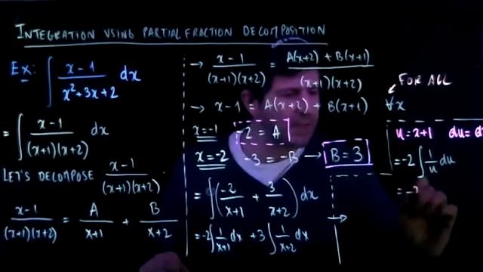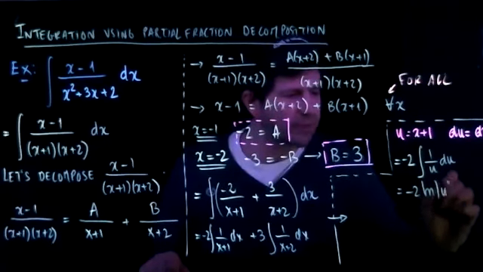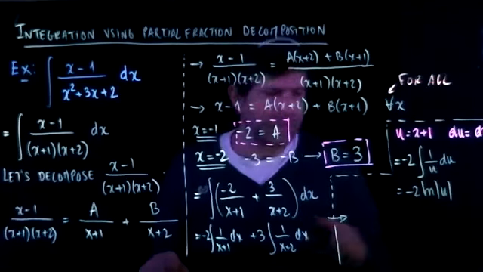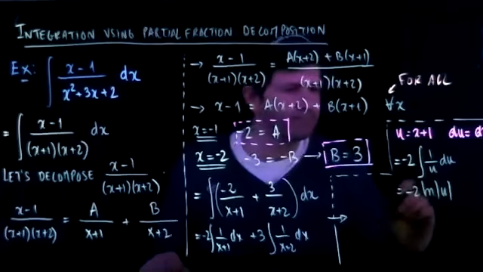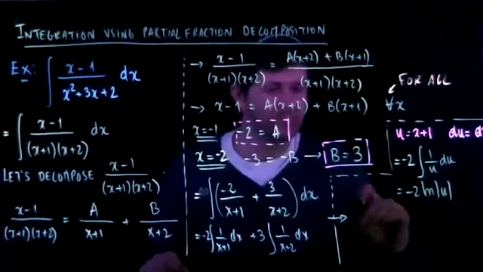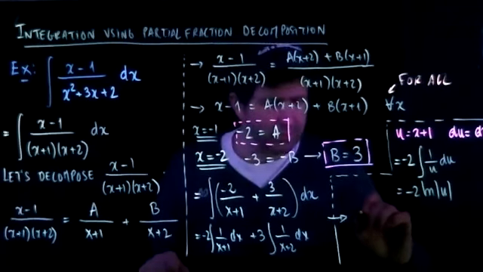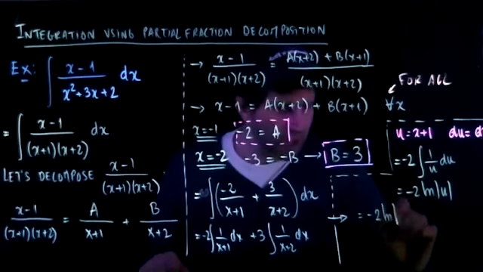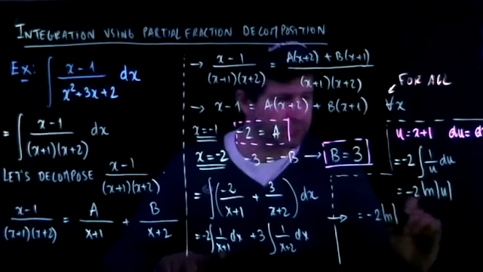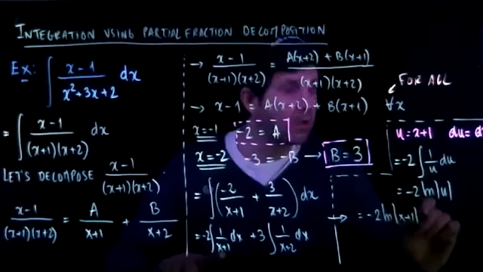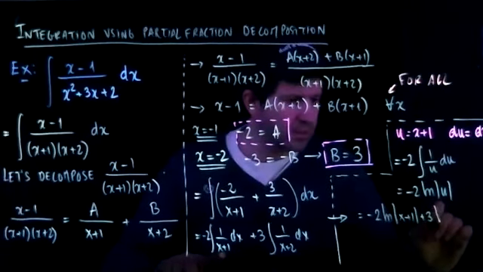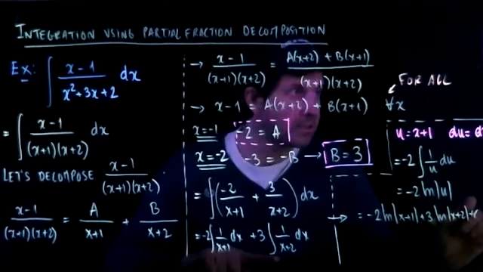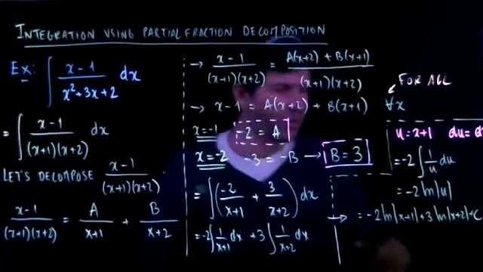Which is -2 ln absolute value of u. And for my second one, it will be the same idea. I'm just running out of space, sorry. So it's equal to -2 ln of absolute value of x plus 1, plus 3 ln of absolute value of x plus 2, plus C. And that's my answer.